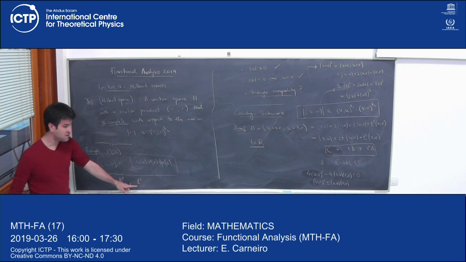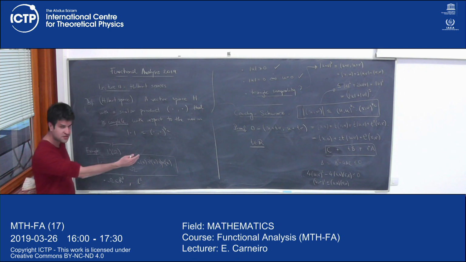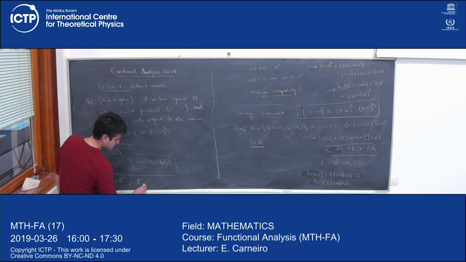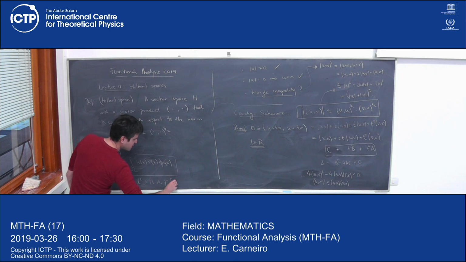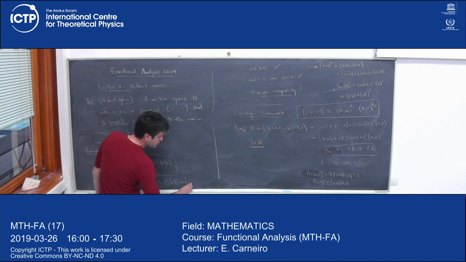Remember that it's just this space when omega is the natural numbers and the measure is the counting measure. So this is just the space of sequences a1, ..., an, ..., where the sum of the ai squared is less than infinity. And the inner product here, of a sequence a with a sequence b, would just be the sum of ai bi.